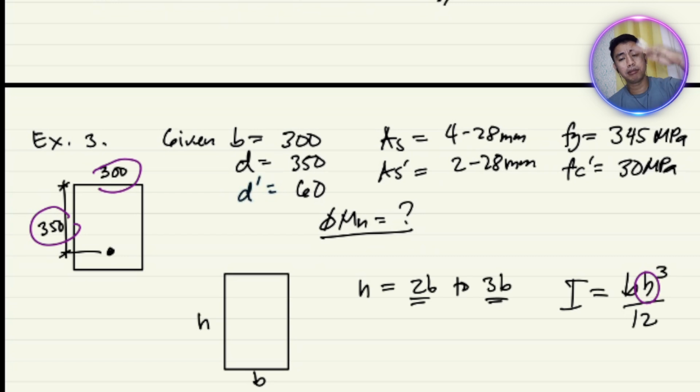So mag-limit lang ang architect na, dapat ang beam, ito lang ang pinakababa niyang elevation. So wala kang choice, hindi mo pwedeng palalimin ang beam. So dito ka na lang magbawi sa reinforcement. Okay? Although not practical kasi mas mahal ang reinforcement kaysa sa concrete.